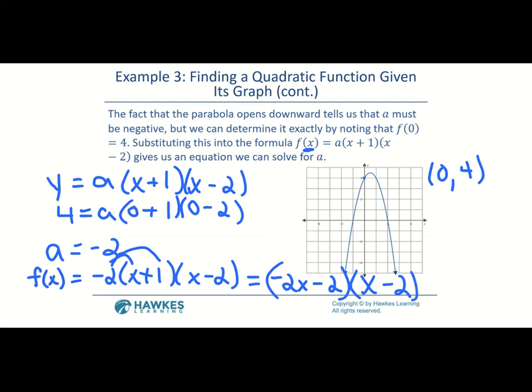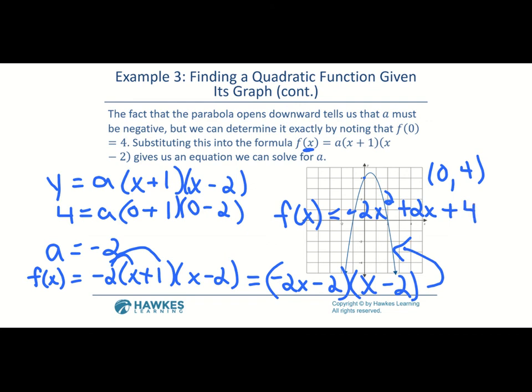And I'm kind of running out of room here, but once we FOIL it, we are going to get f of x equals -2x squared plus 2x plus 4.